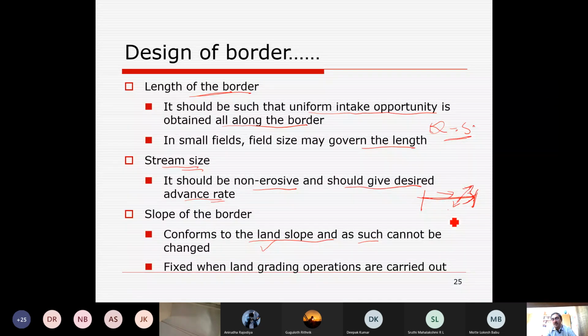Labor and machinery are required to make a slope condition in the field. So it is fixed when land grading operations are carried out. And once we have decided the slope of the border, it will be the same for quite a long period of time. So we need to design all these conditions and plan accordingly to achieve high uniformity of water supply or irrigation.